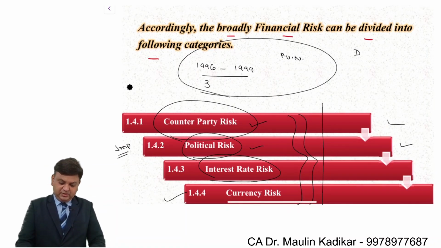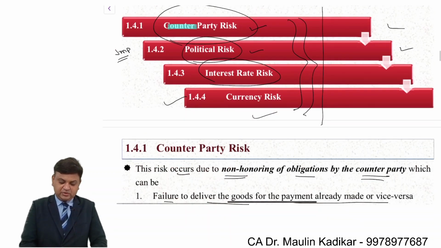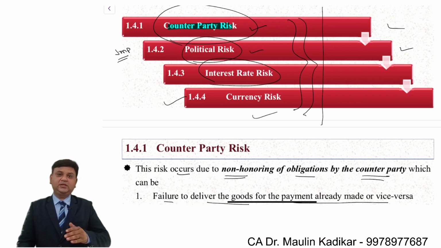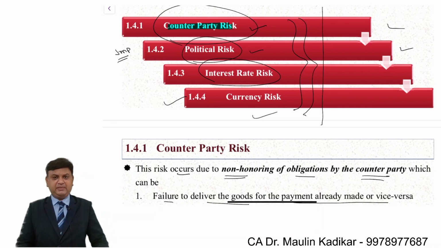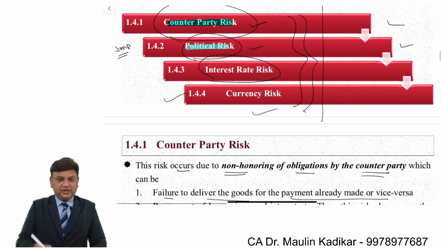Accordingly, broadly, the financial risk can be divided into the following categories: counterparty risk, that is somebody to whom you have already made the payment, and that supplier is not supplying goods to you, or otherwise you have given a loan as a bank, and the borrower is not making repayment to you. Political risk, which we have just discussed.